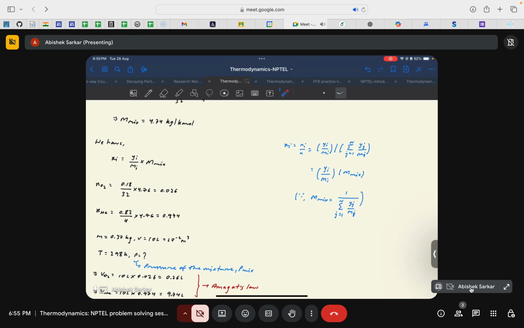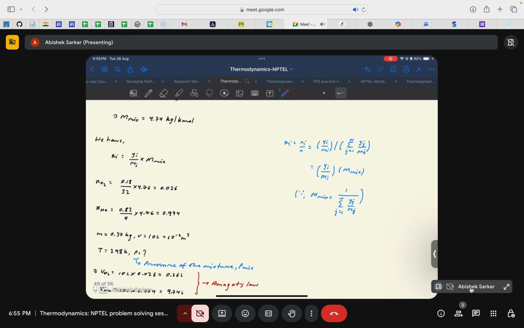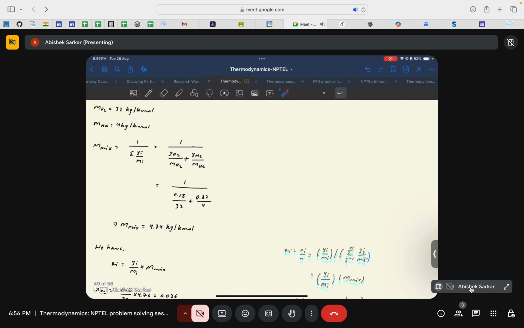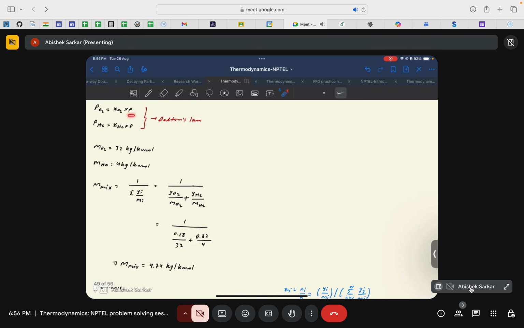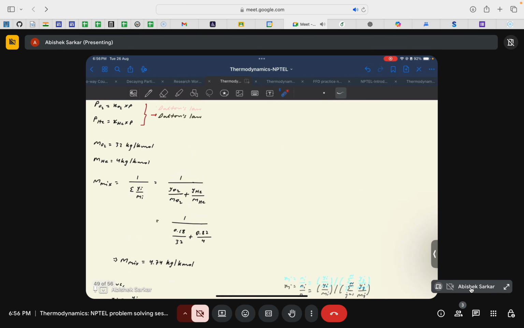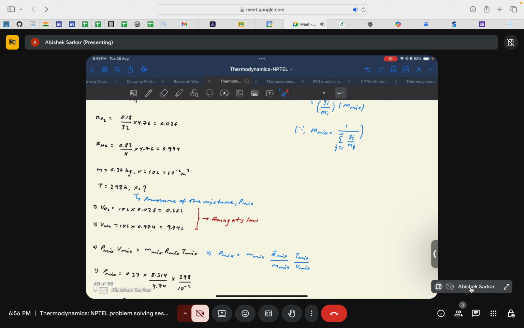Since you have already got the mole fractions, the next thing to find the partial pressures is to find the total pressure of the mixture. For that we can again resort back to the ideal gas law. But meanwhile they also asked us to find the partial volume of the individual gas components.